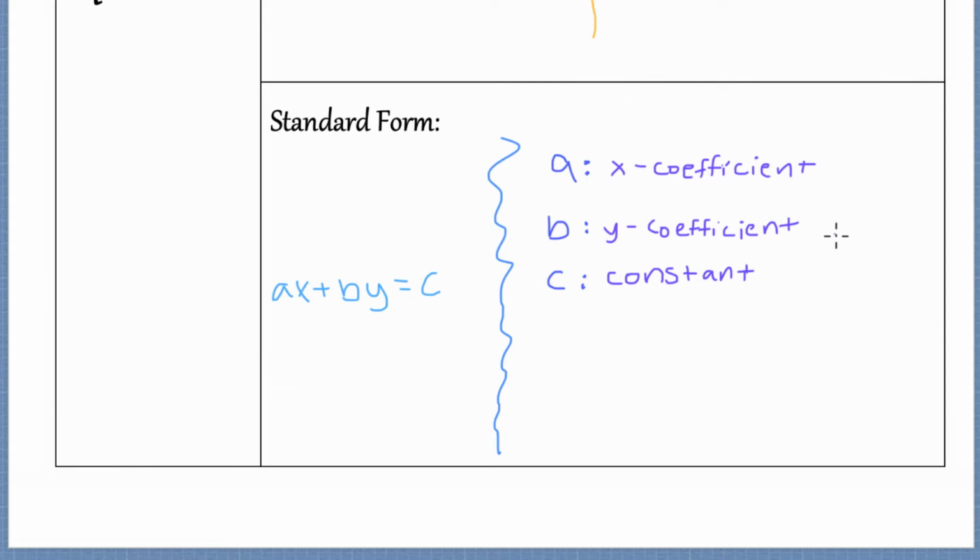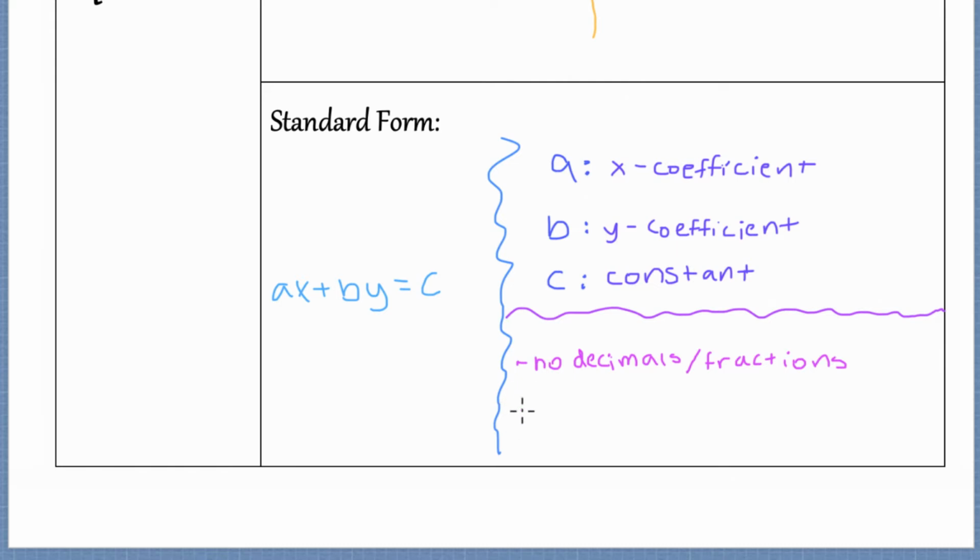Along with these, standard form actually has a set of rules. It's a lot stricter than point-slope form or slope-intercept form. So we will talk about the extra rules. The first rule is that there cannot be any decimals or fractions anywhere in the entire equation.